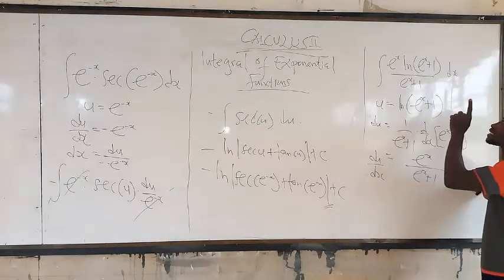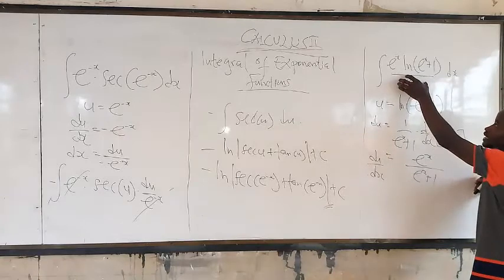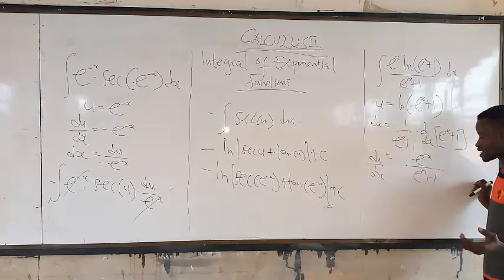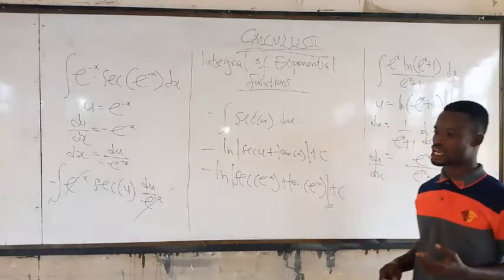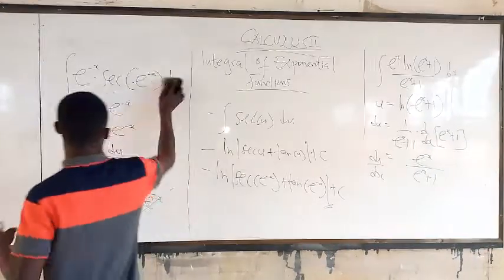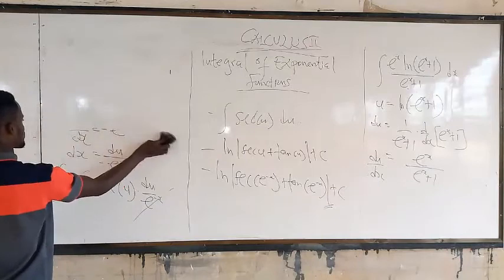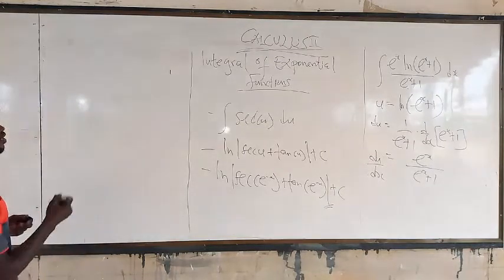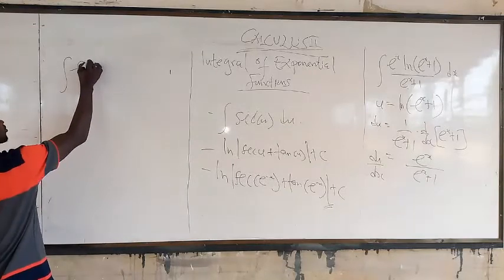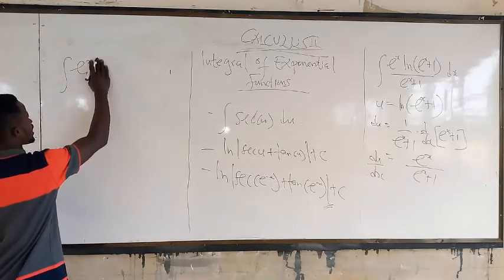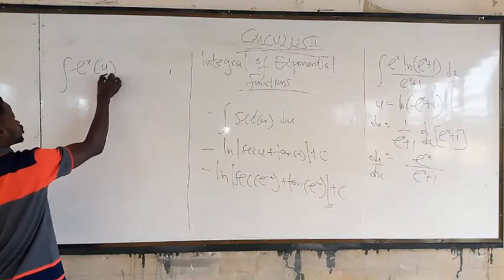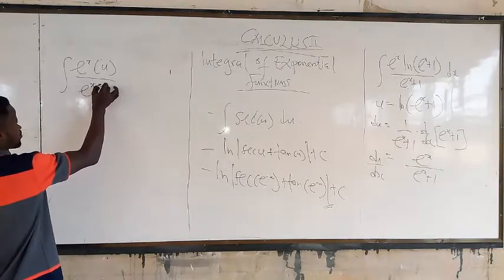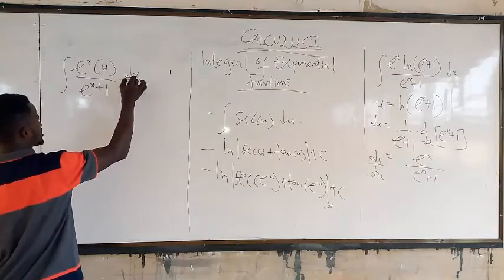And when you set u to be equal to only this, you only end up getting e^s, which is not going to help you, as I said. But with this, you can get e^s. Here, the whole of that is u over e^s + 1 ds.